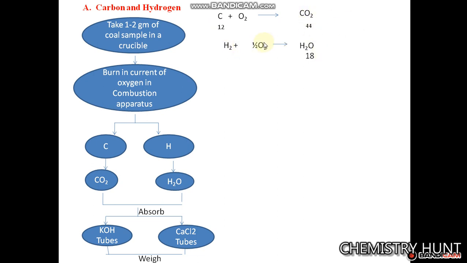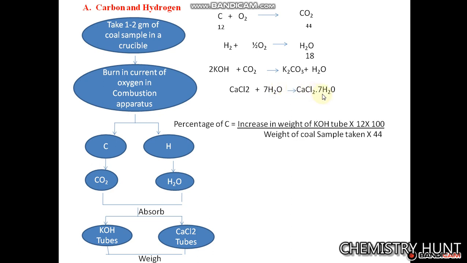Hydrogen plus oxygen gives H2O. The KOH tube in which carbon dioxide is absorbed gives K2CO3 plus H2O. Calcium chloride tube in which H2O is absorbed gives calcium chloride with 7 water molecules.